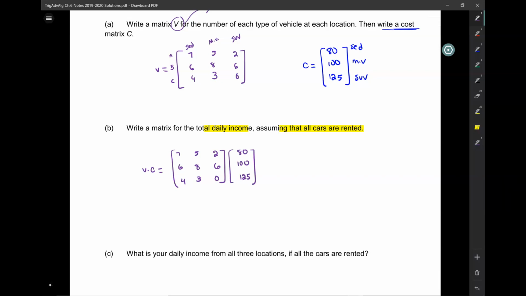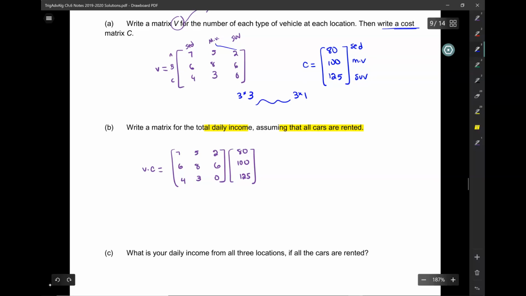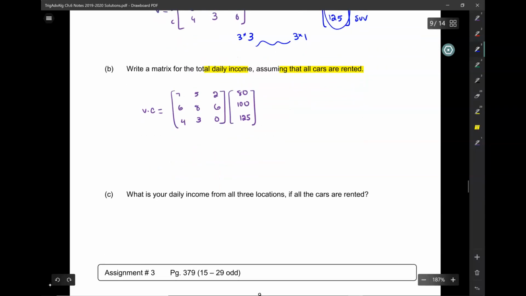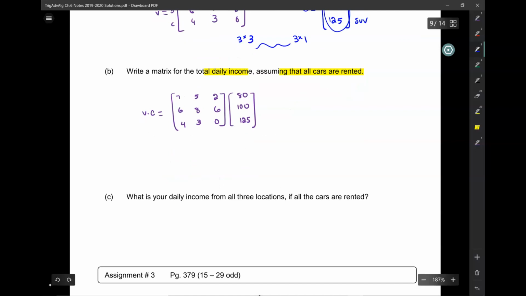Well, we actually can, because this was a 3 by 3, and since we made that a column matrix and not a row matrix, now it's a 3 by 1, right? So now these are the same. Otherwise, it would not have been. And so now, if I take a row and a column, magically they have the same number of elements in each of them. Okay, so the product here is going to be a 3 by 1.